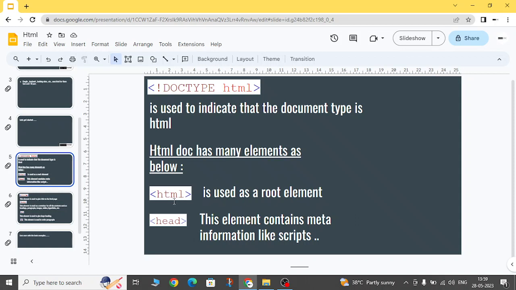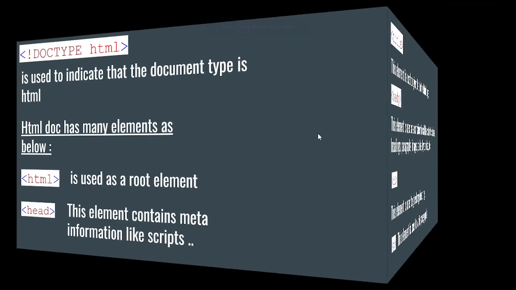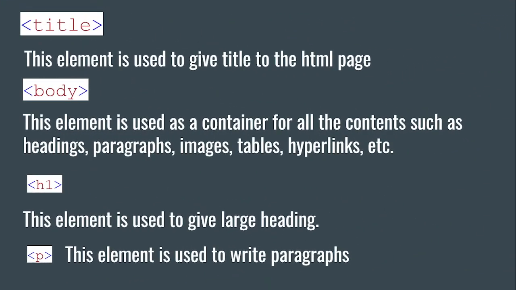It starts with the html tag, which is the root element, and we can have a head element. This contains meta information like scripts. We can mention all the scripts in the head tag, and we have a title tag which is used to give a title to the HTML page.